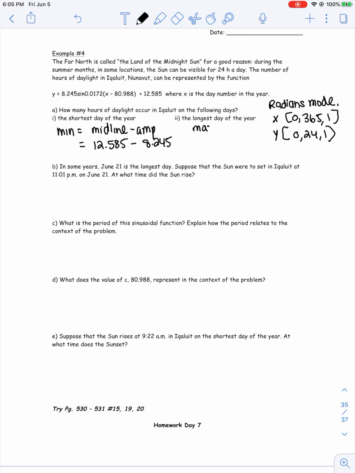For our longest day, which is our maximum, you can go midline plus amplitude. So you're going to take those same two numbers and add them instead.